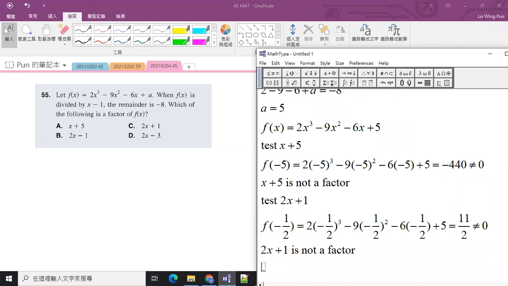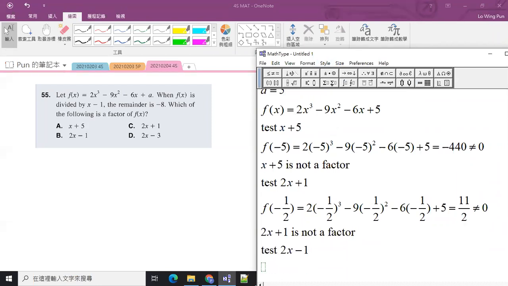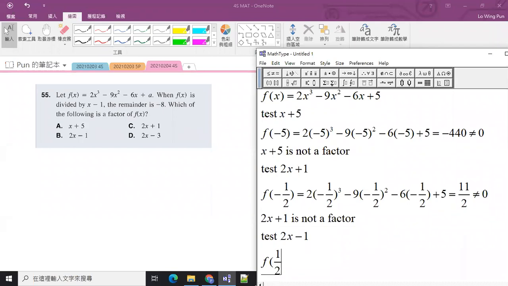And then for the third one, we have to test 2x minus 1. We need to calculate this, which is calculated like this, and then use the calculator.